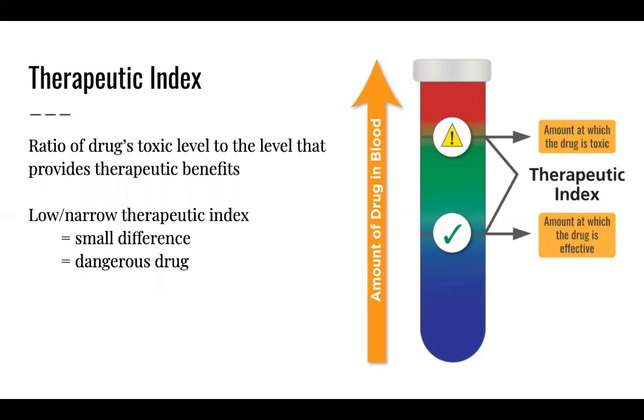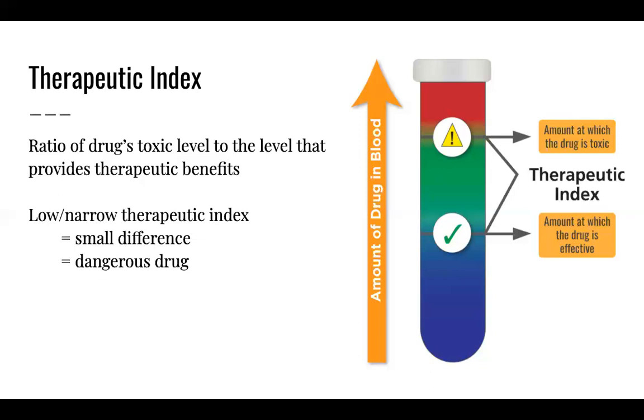So between this, in the green area, is when it's at a safe level in the body and when it's working. So a low or narrow therapeutic index means that the amount at which it's effective and toxic are very close together. This makes it a dangerous drug.